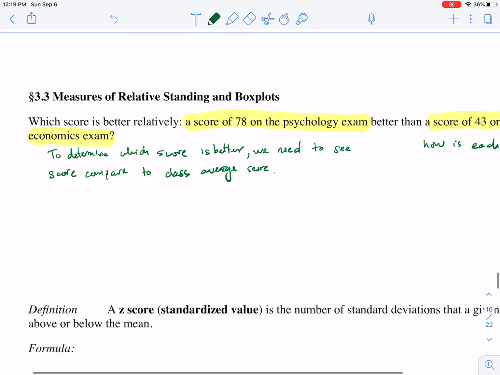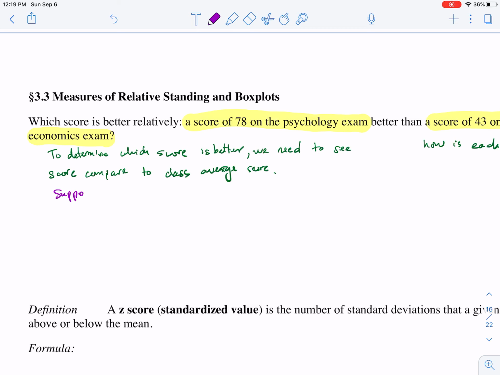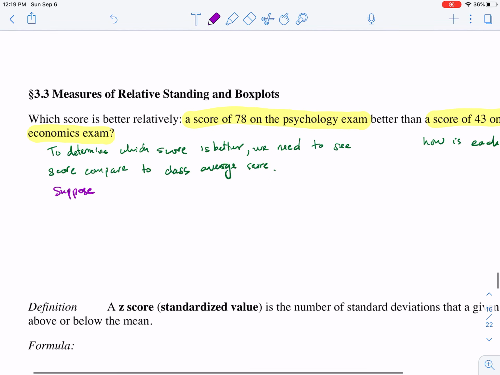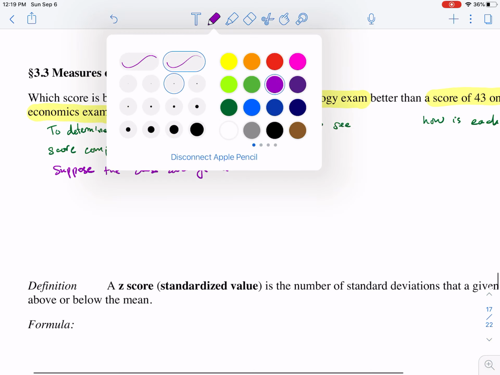Now suppose we are given some more information. Suppose the class average score for each exam is given as the following.